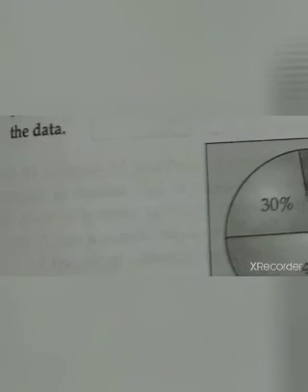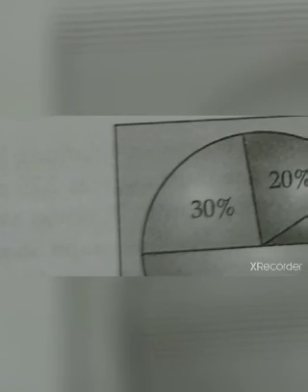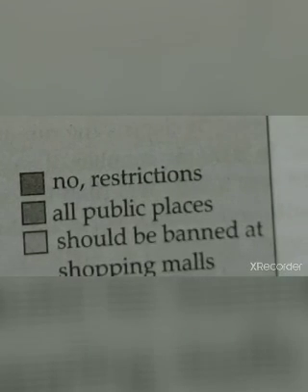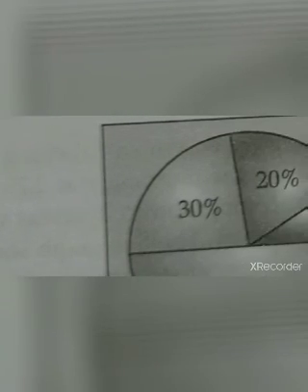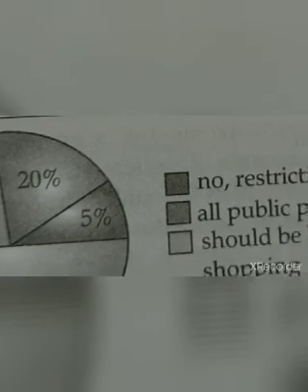So the question is this: a survey was conducted in a town where the views of people were collected on cigarette smoking. Given below is a pie chart showing the results of the survey.